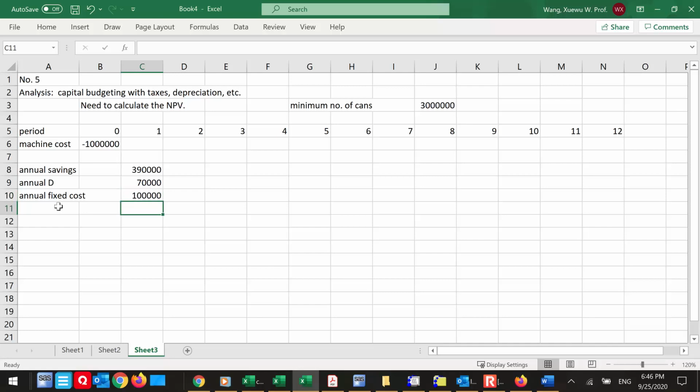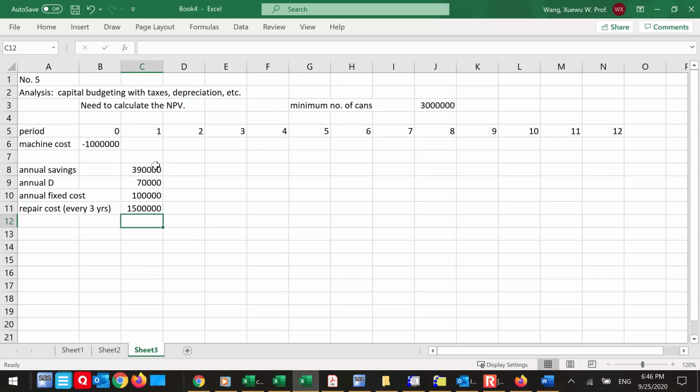Okay, and you also need to think about the repair cost. Okay, so you're going to maintain the machine every 3 years. All right, so I should say every 3 years, not 4 years, and that cost is going to be 150,000.